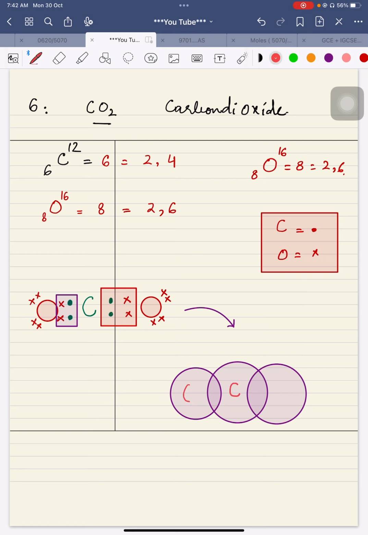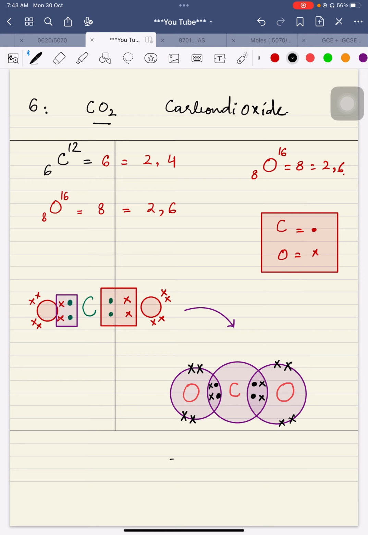This is carbon, this is oxygen, this is oxygen, and these are the electrons. So these are the crosses and the dots, very clearly the dots of carbon, whereas the crosses are of oxygen. So here I am drawing the crosses again.